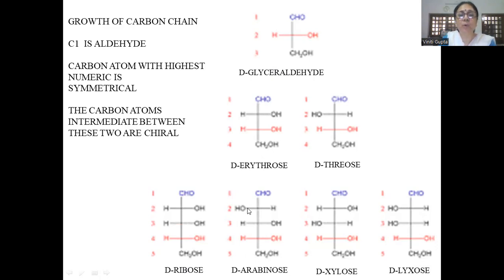And if OH is on the left, it will be arabinose, derived from D-erythrose. If it is derived from D-threose and OH is on the right, it will be xylose. If it is derived from D-threose and OH is on the left, it will be lyxose.